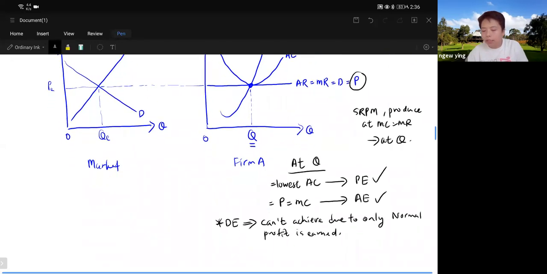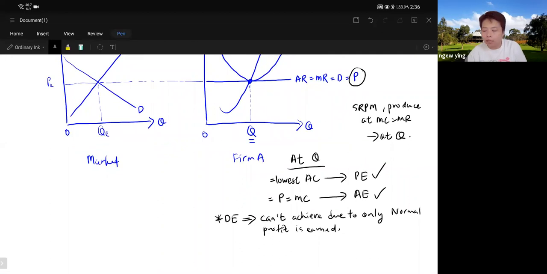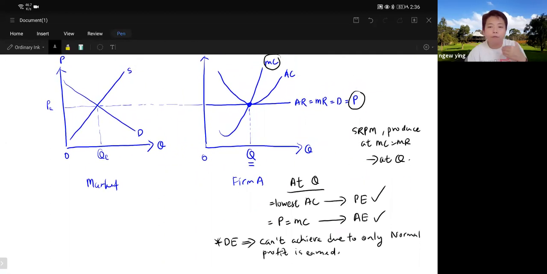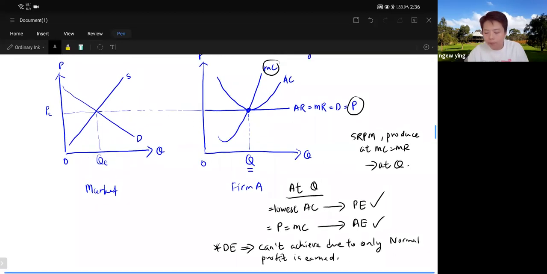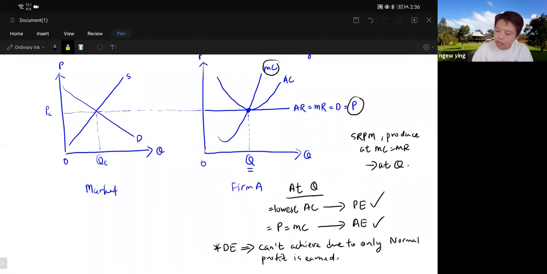When they earn just a normal profit, basically they have no extra funds available to finance research and development. So that's the key, and that's one of the weaknesses of the perfect competition market as well.